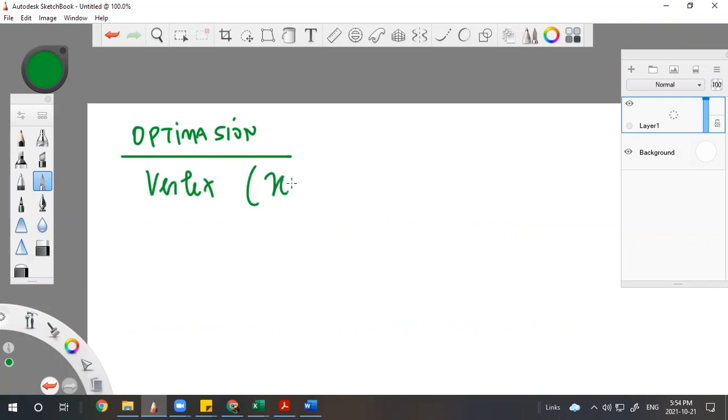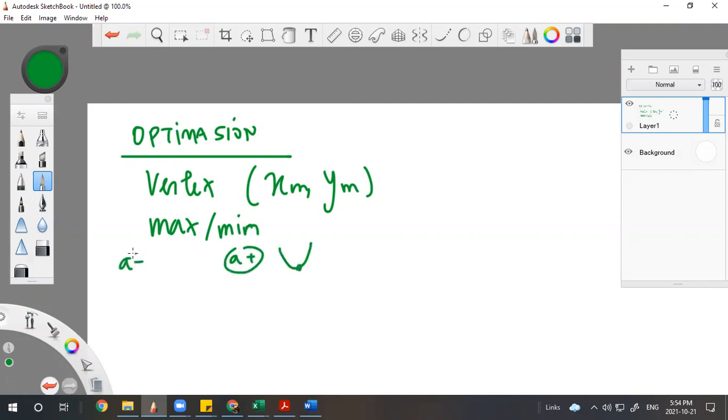What is the vertex? xm, ym. It can be maximum or minimum, max or min, depending on the a. Remember, if a is positive, it has to be minimum because it's smiling. If a is negative, it is frowning, like this. So it is maximum, right?